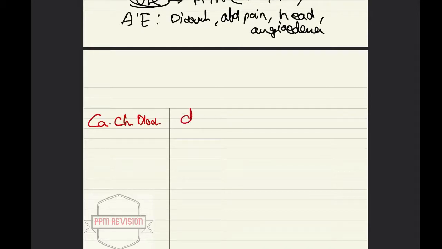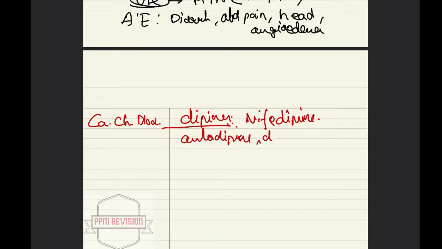So examples we need to know: we have the dipines, so there is nifedipine, amlodipine, clinidipine, just to name a few. Others you can check in the classification video. And looking at some of the uses and some of the side effects.